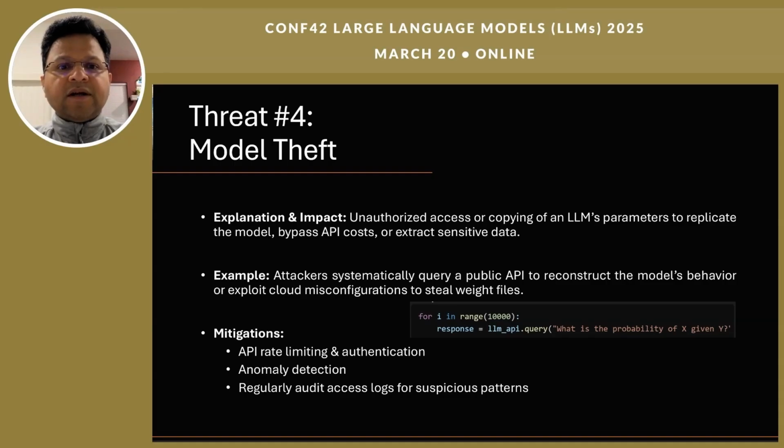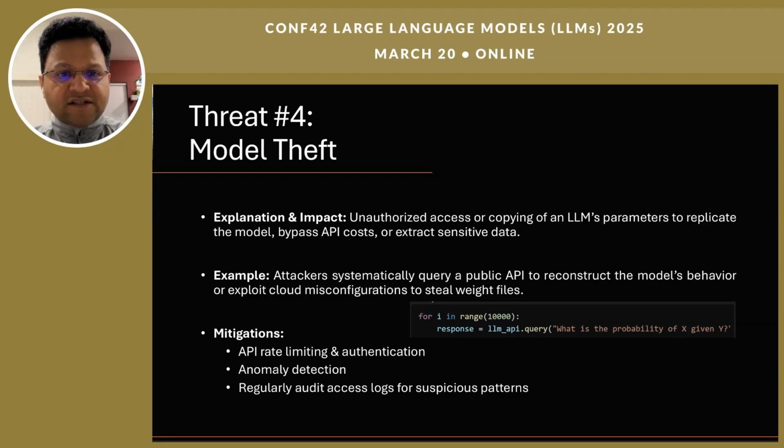For example, an attacker might query a public LLM API repeatedly with carefully crafted prompts, then use the outputs to train a near duplicate model. Alternatively, someone might exploit a cloud misconfiguration to download the actual weight files. In either case, the company's proprietary model can be cloned, circumventing license fees and potentially revealing private data.